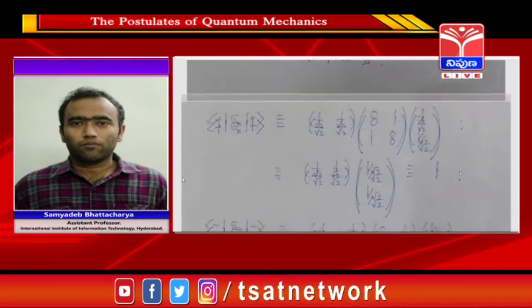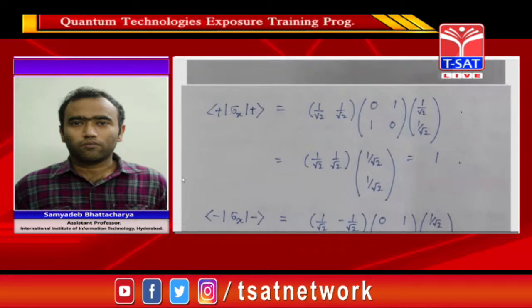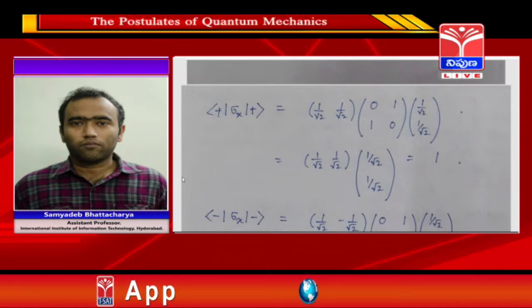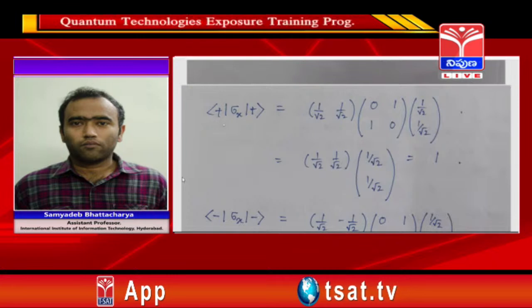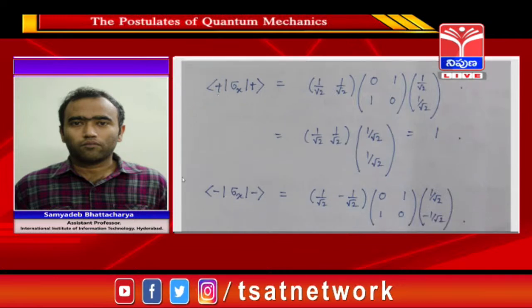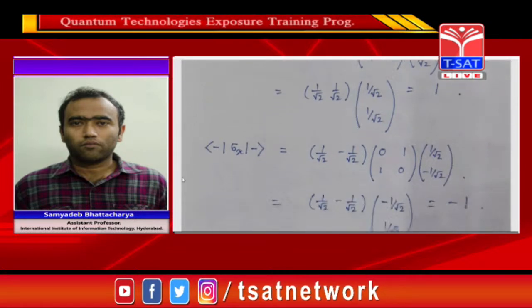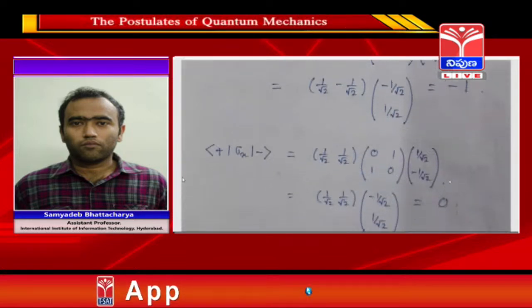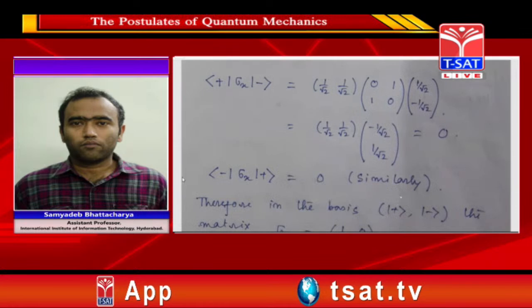Now if we compute the elements of sigma x in this plus minus basis, the diagonal elements will be plus sigma x plus and minus sigma x minus. If we do this multiplication, we will find that plus sigma x plus is 1 and minus sigma x minus is -1, and the off-diagonal elements are 0.